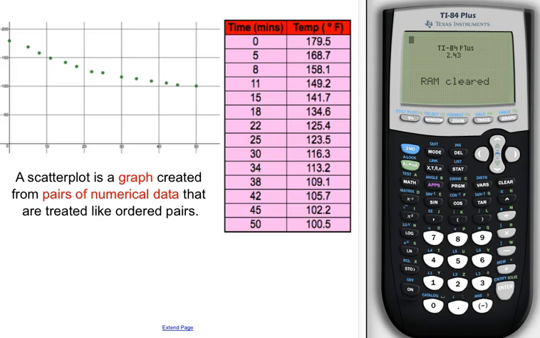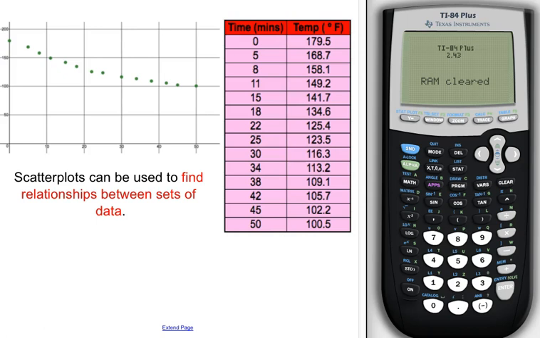At time 0, when we first start watching this cup of coffee, it's at 179.5 degrees, and then we see this coffee cooling off as time progresses, and after 50 minutes it's down to a temperature of 100.5. So we can see that there is, in fact, some sort of relationship between these two variables, and that's what we use a scatter plot for. We're looking for that relationship between those two sets of data.